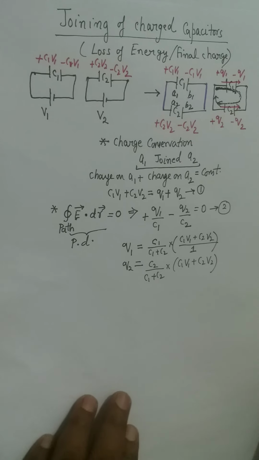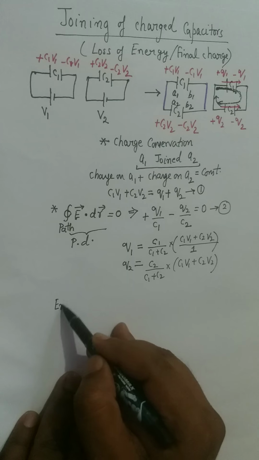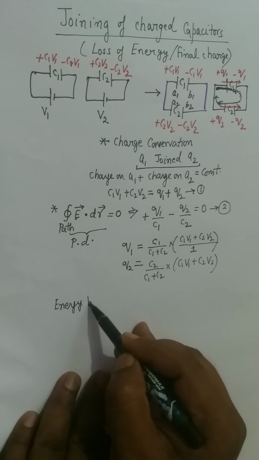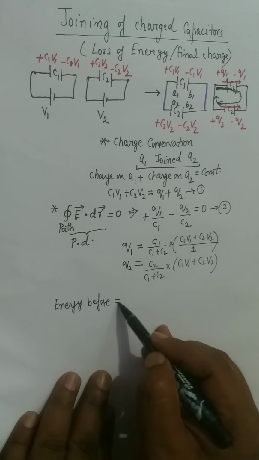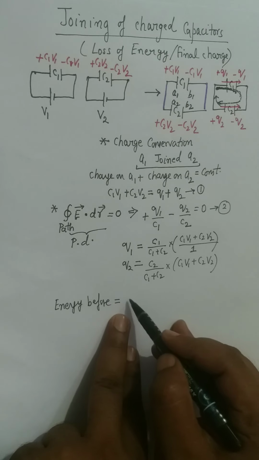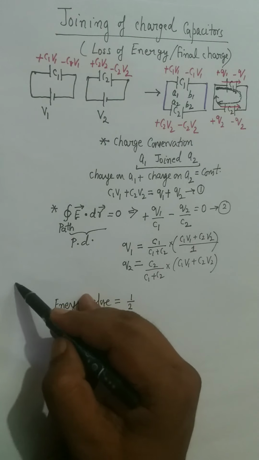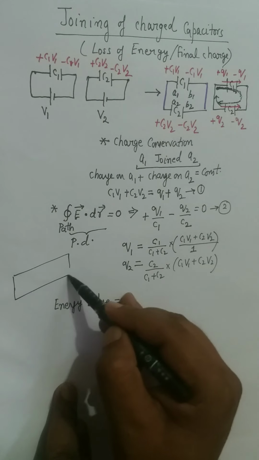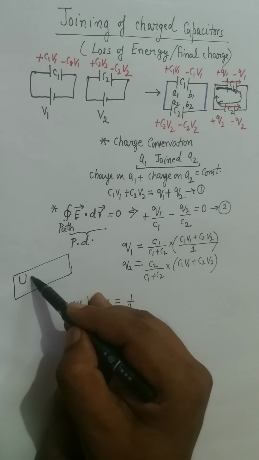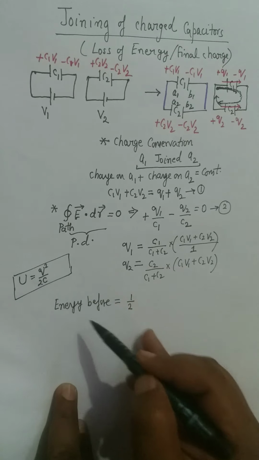Right. Now, for the energy analysis, if I calculate the energy before joining, remember that the energy of a capacitor can be written as Q square divided by twice the capacitance.